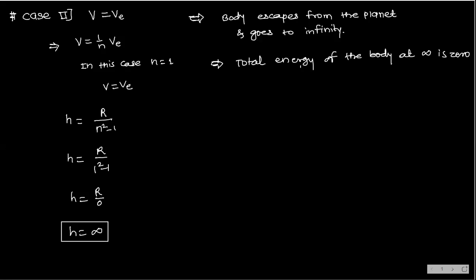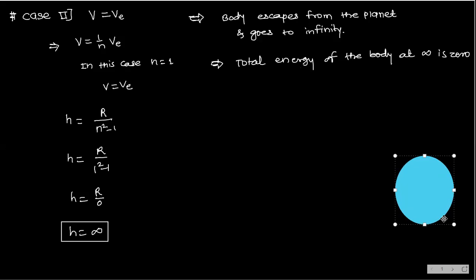Clear? One more time, listen. In the second case, this is the planet, and this is the object, and we are projecting this object with velocity v.